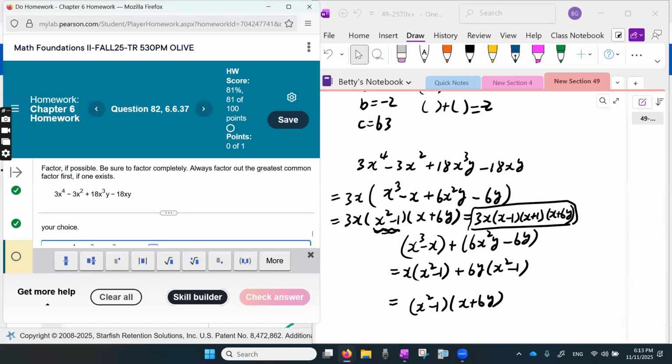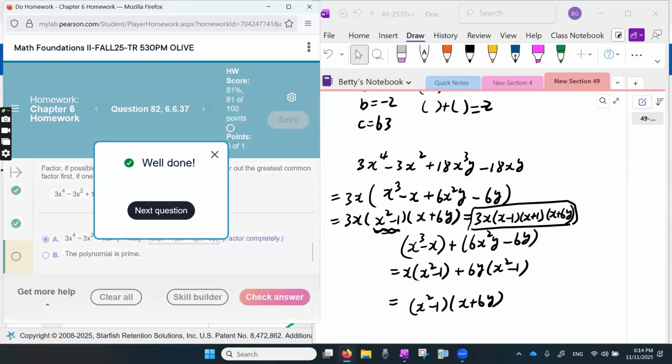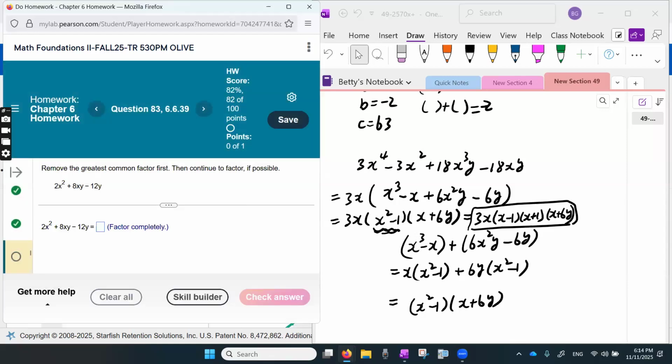The result is going to be 3x times 3 parentheses: the first x minus 1, the second x plus 1, the third x plus 6y. Let me double check my entry. Yes. Those problems are pretty challenging.